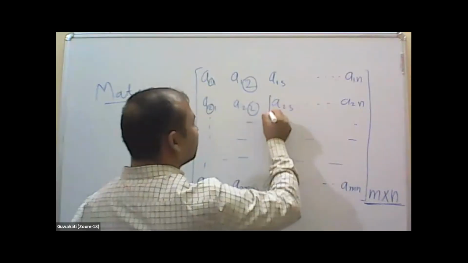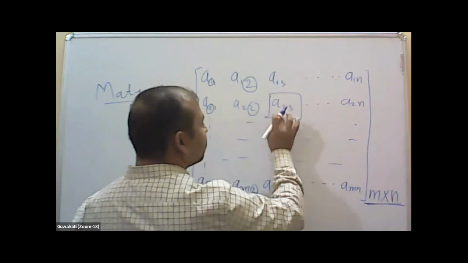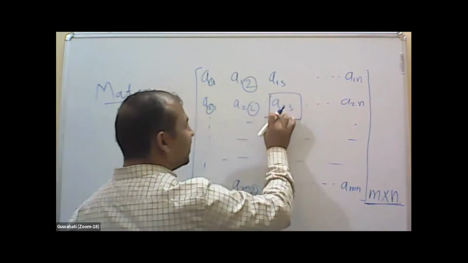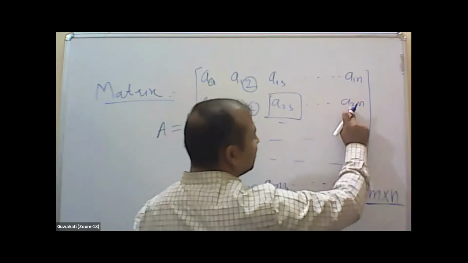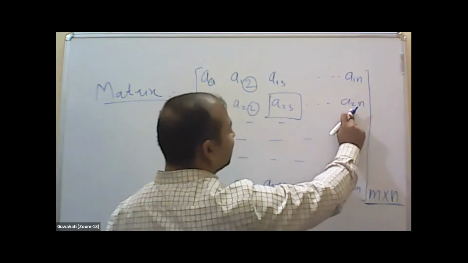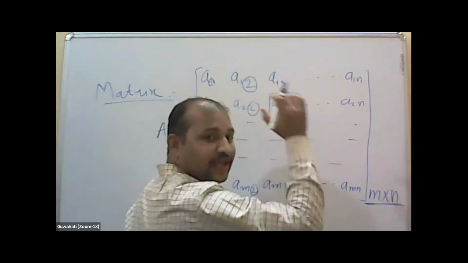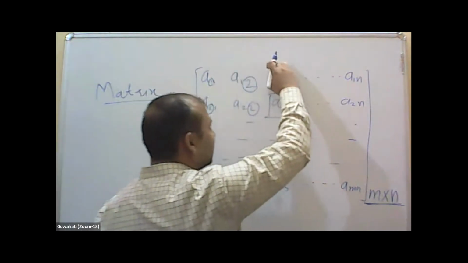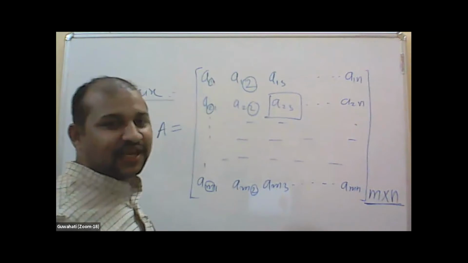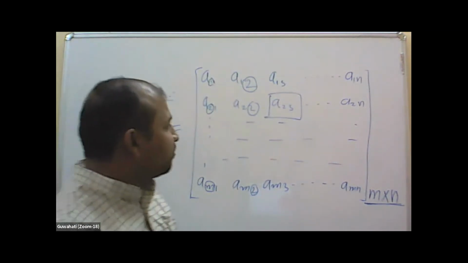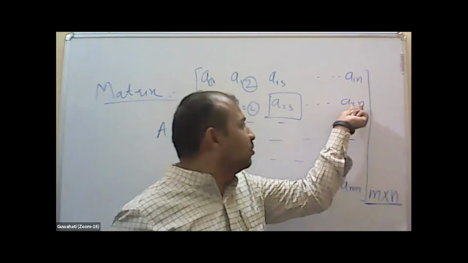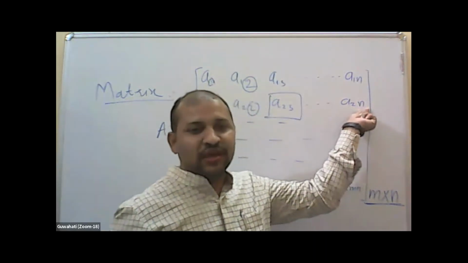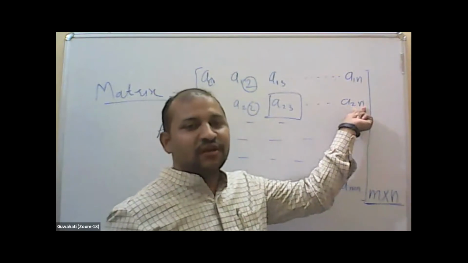Suppose I take this element, this element is in the second row, third column. Each entry in this matrix we call an element. So the first index says the position of the row, while the second index represents the position of the column.